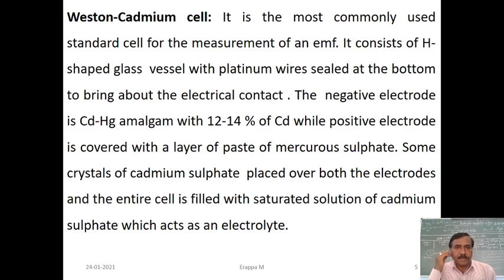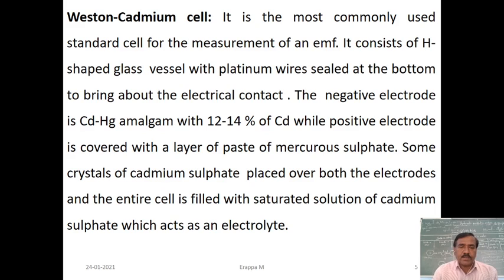The Weston cadmium cell is the most commonly used standard cell for the measurement of an EMF. It consists of an H-shaped glass vessel with a platinum wire sealed at the bottom to bring about the electrical contact.